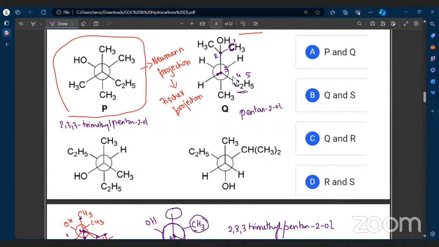Second one, you have a methyl group. And this is your third carbon. Okay, I have missed this carbon.